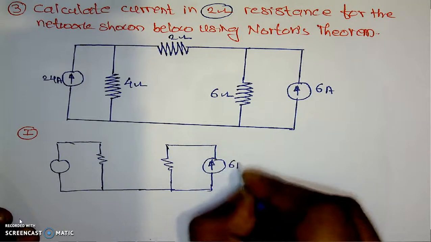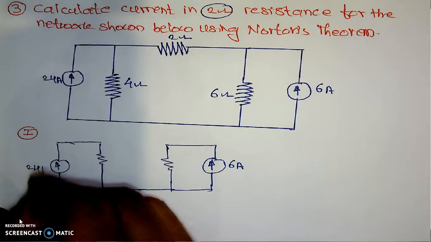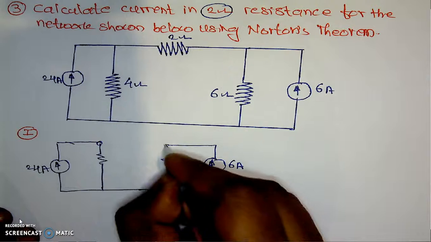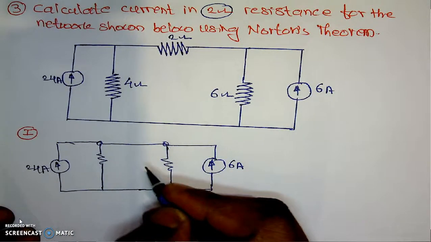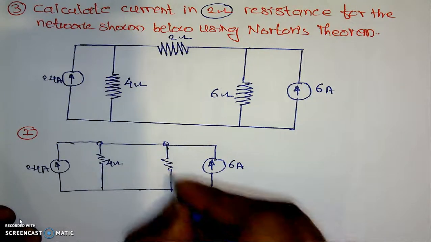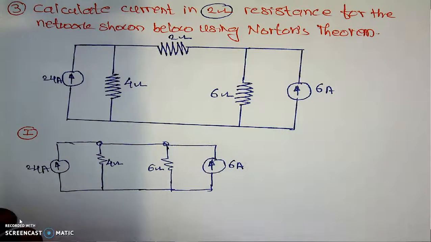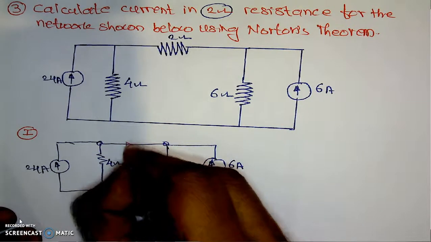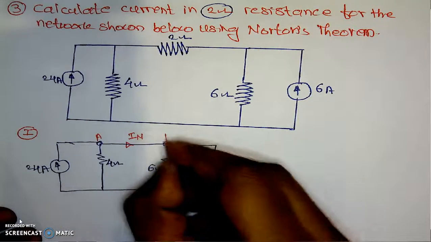Here it is 6 amperes, 24 amperes, and if we are shorting the output terminals, the current in the short circuit is nothing but Norton's current. Here it is 4 ohm, this is the 6 ohm, and here whatever the current we have, that current will be the Norton's current. It is A terminal, B terminal.